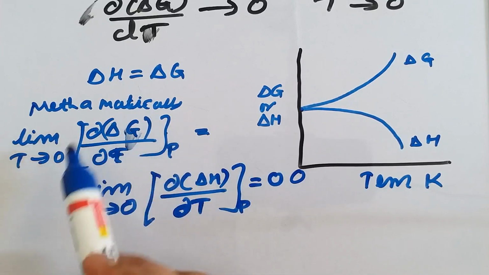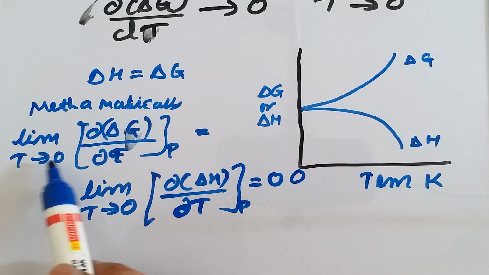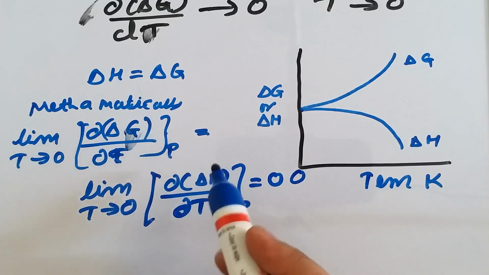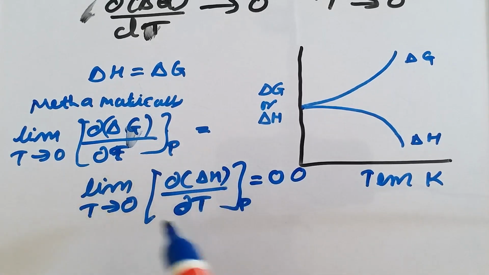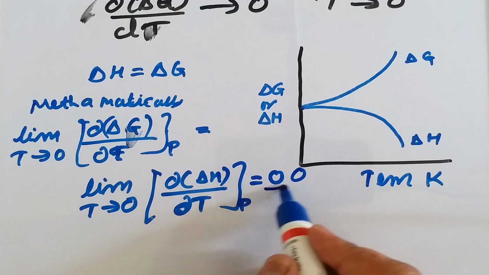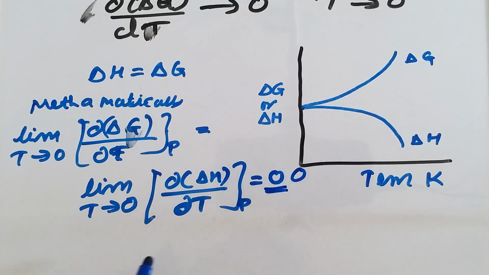That is, as T tends to 0, the Gibbs function and the change in the enthalpy with respect to temperature are equal to 0 at absolute 0. So this is the mathematical form of the Nernst heat theorem.